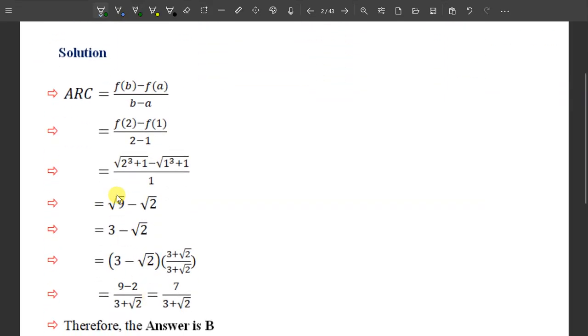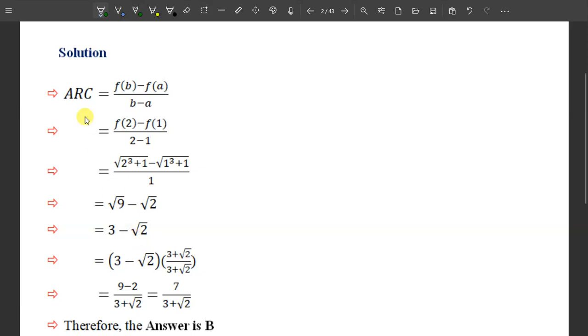And therefore, 2 cubed is 8, 8 plus 1 gives us 9 under radical, minus 1 cubed is 1, 1 plus 1 is 2, and therefore the square root of 2 here. 9 is a perfect square, and therefore take 3 out of it. 3 minus radical 2 is the average rate of change.